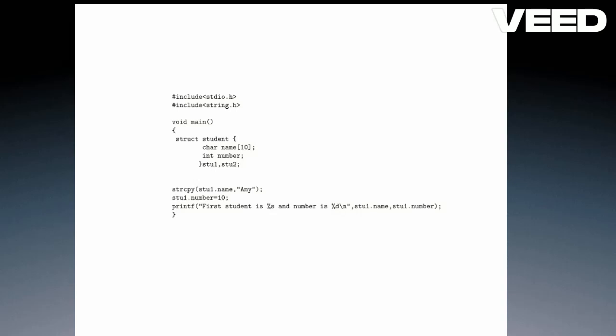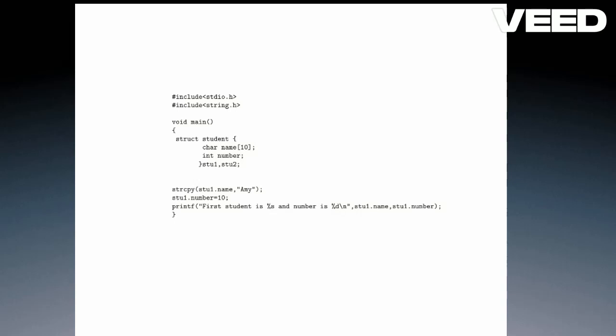What I can do now is in stu1, I can copy the name Amy in the name field and assign the number 10 in the number field and print them out in the usual way.